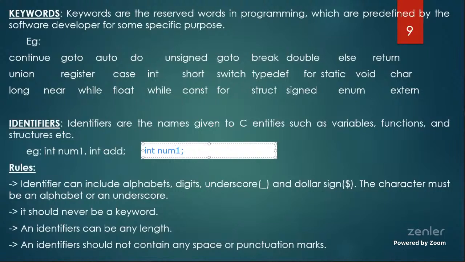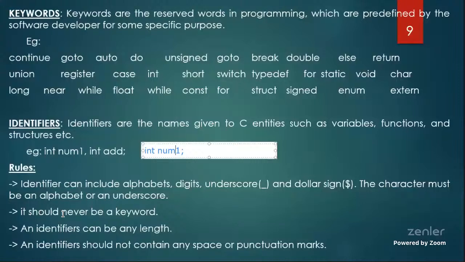Either you have to use underscore or you are not supposed to enter that space. The first character must be an alphabet or an underscore. Digits also you can use in between, but of the special characters, only underscore or dollar sign you can use.